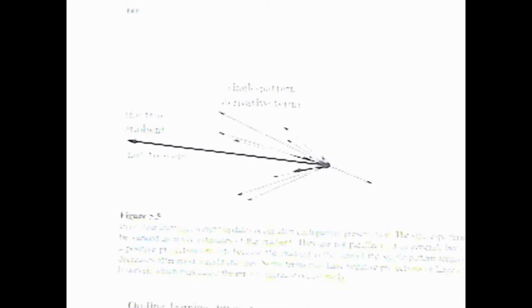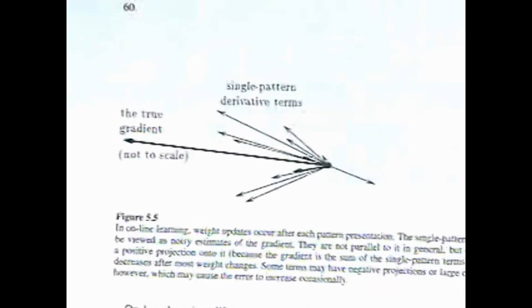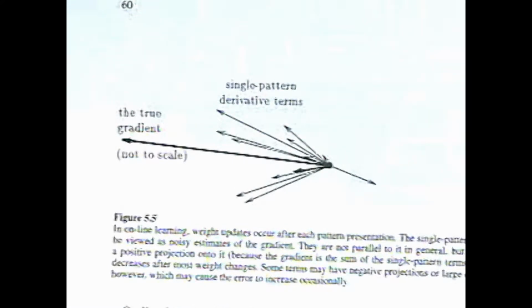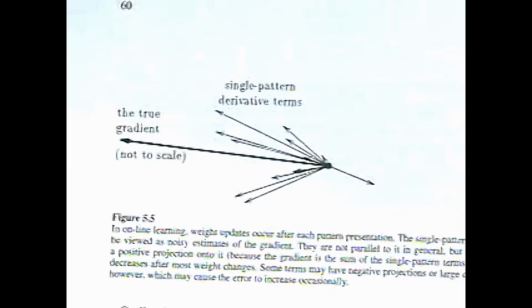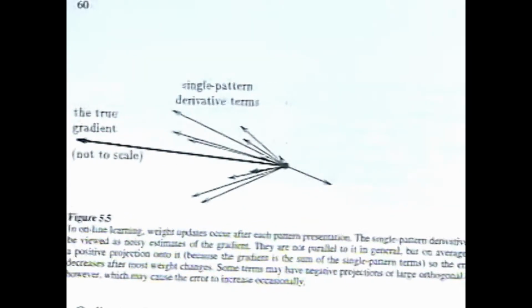Okay, here we have the situation. This is on page 60 of your text, which illustrates the sort of randomness that one gets into when one uses online training. The problem is that every time you present a new piece of data and you update for that single piece of data, you have an error surface that you're trying to adapt to, but that error surface changes for every presentation of the data, right?